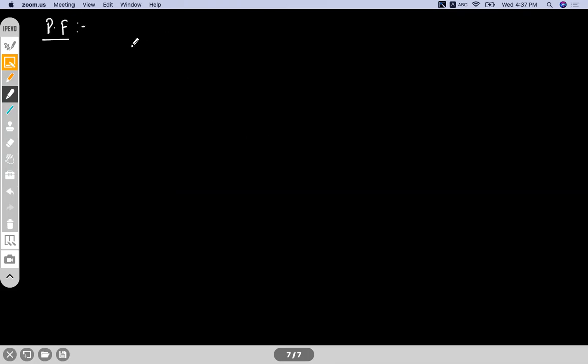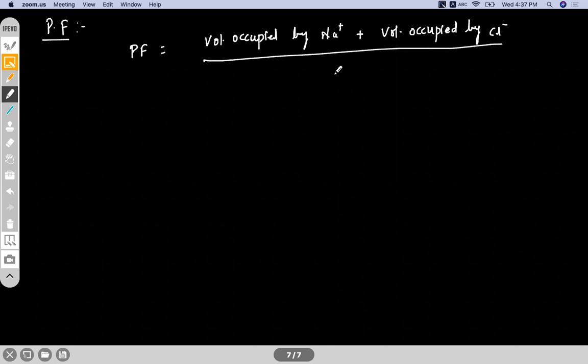So again, the packing fraction would be equal to the volume occupied by Na+ plus the volume occupied by Cl−, and this whole thing is divided by the volume of the cube, that is a³.